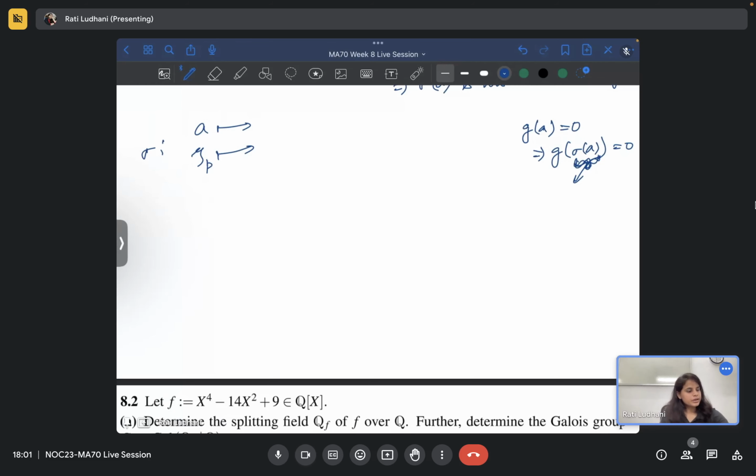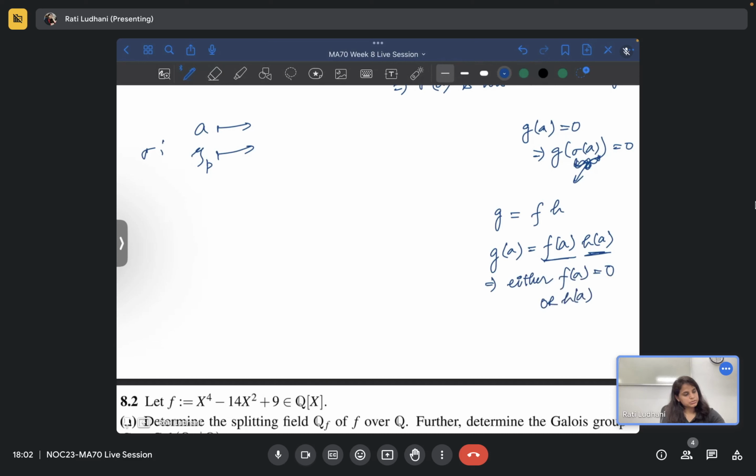So now, for example, if g can be written as f into h, then it should be the root of one of these factors, right? So this implies either f of a is equal to 0 or h of a is equal to 0.